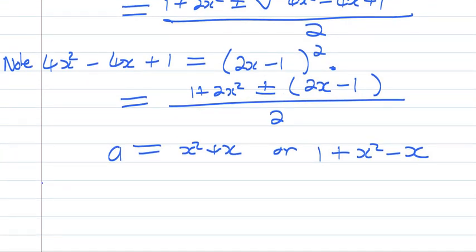So this means that the quartic actually factorizes as the following. It factorizes as x squared plus x minus, sorry, you typically go a minus the one root, a minus the other root.